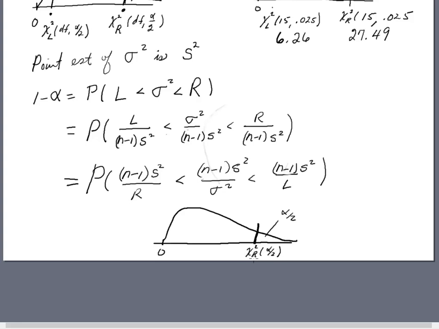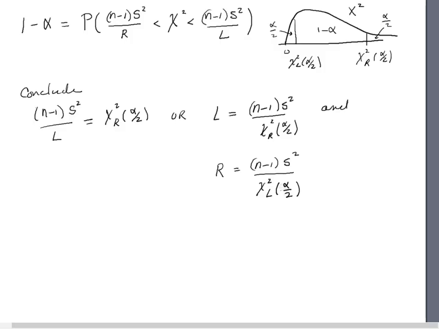So this is symbolically the point that cuts the area of alpha by 2 in the upper tail. But read this probability statement, and it also says that this is a value that cuts an area of alpha by 2 in the upper tail. So this number right here and this number right here, they must be the same number.